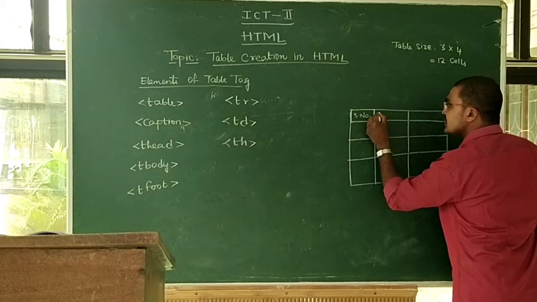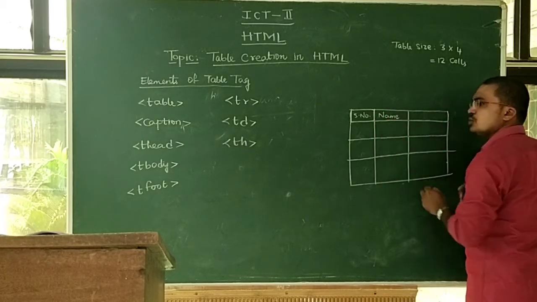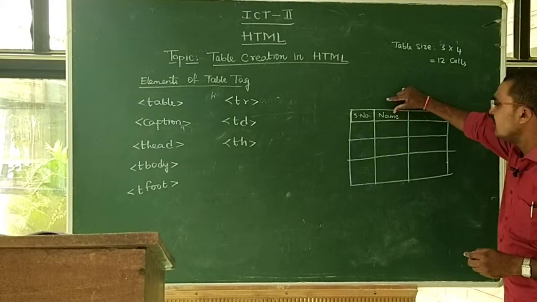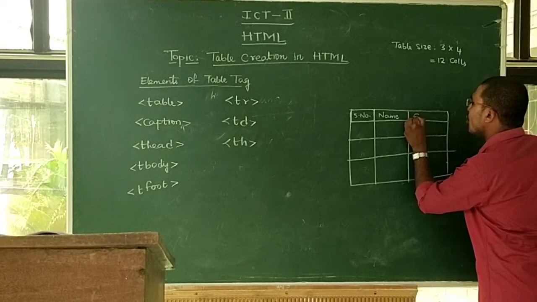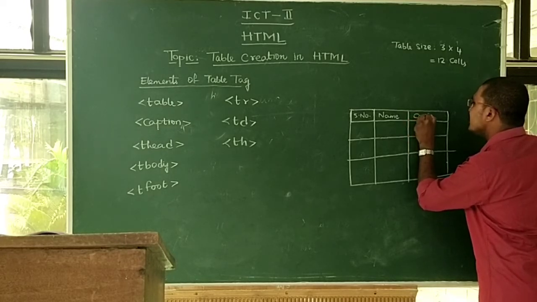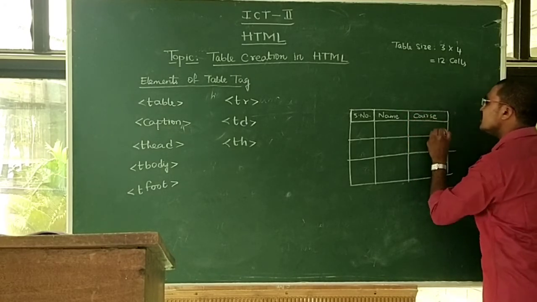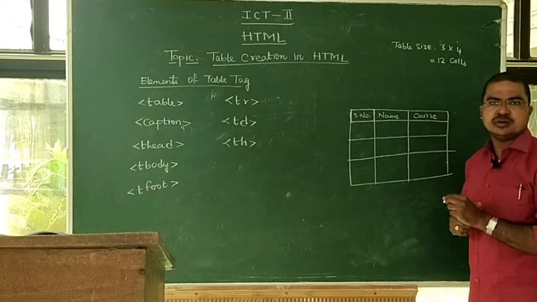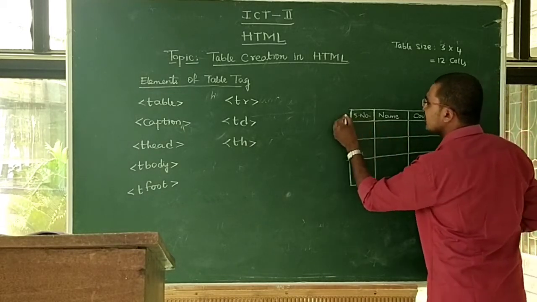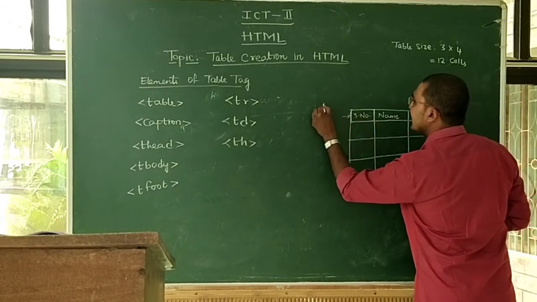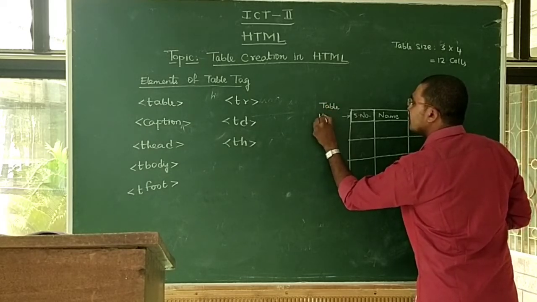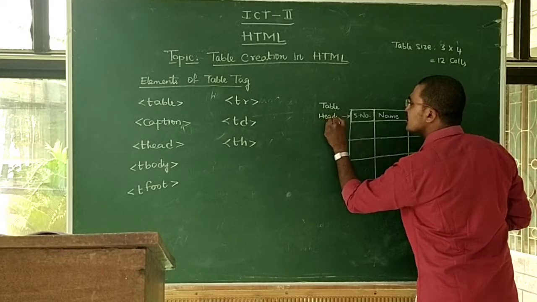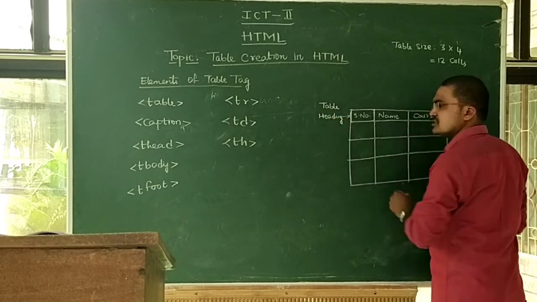The second cell contains the heading name, that is, the name of a student. I simply wrote name only. And the third cell is course, what course the student is learning, the course name entered in the table. So this is actually called the table heading. The first row or first data in a table is called the table headings.